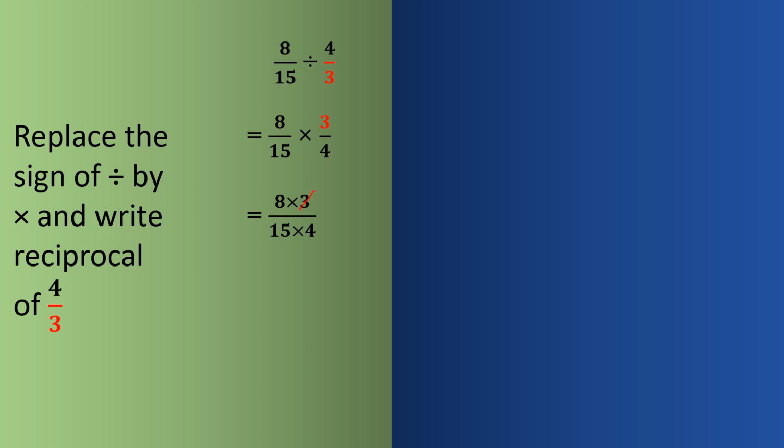So 3 ones are 3, 3 fives are 15, and in 8 and 4, the common factor is 4. So 4 twos are 8 and 4 ones are 4. So here 2 ones are 2 and 5 ones are 5. 2 by 5 is our final answer.